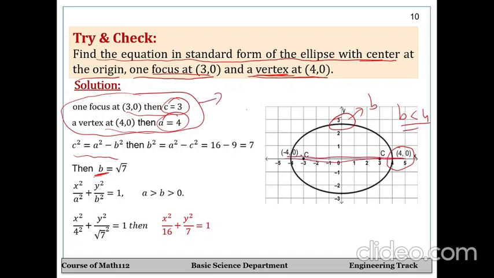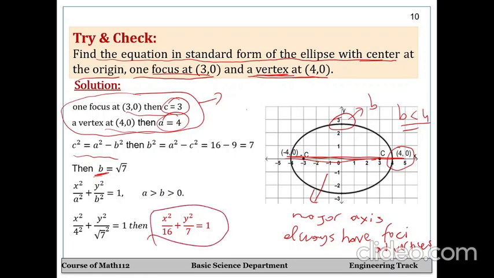The major axis is this one, and it always has the foci and the vertices on it. So then you can repeat this, c squared equal to a squared minus b squared, and you will end up with 7, and it will give you x squared over 16 plus y squared over 7 equal to 1.